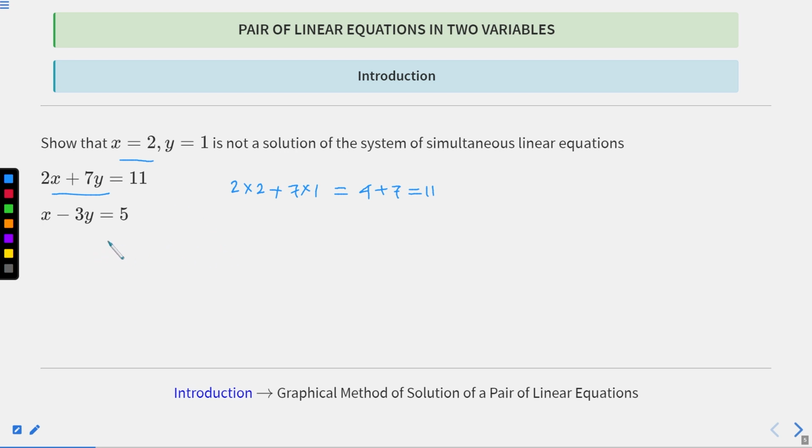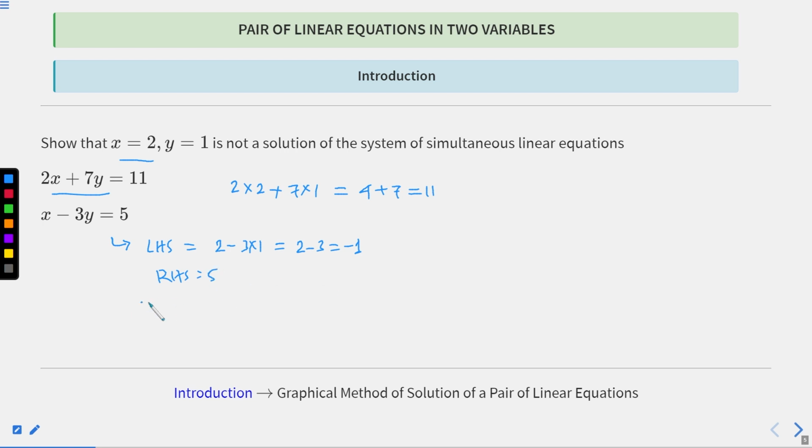But if we substitute x is equal to 2 and y is equal to 1 in the second equation, then on the left hand side you will get 2 minus 3 times 1, which is 2 minus 3, and this is equal to minus 1. But in this equation the right hand side is 5. So the left hand side does not equal the right hand side.